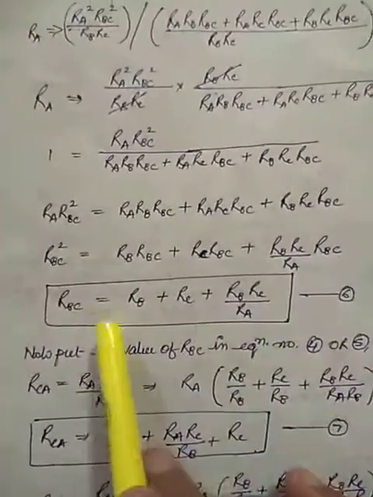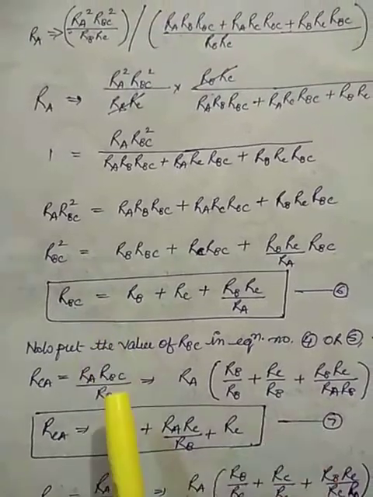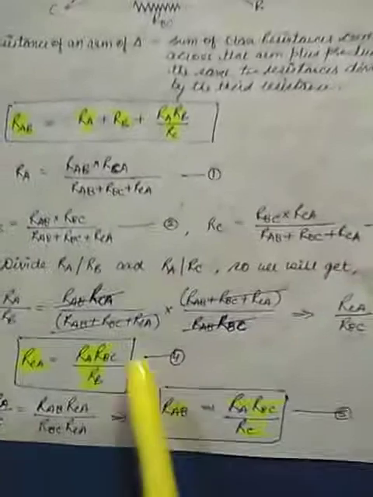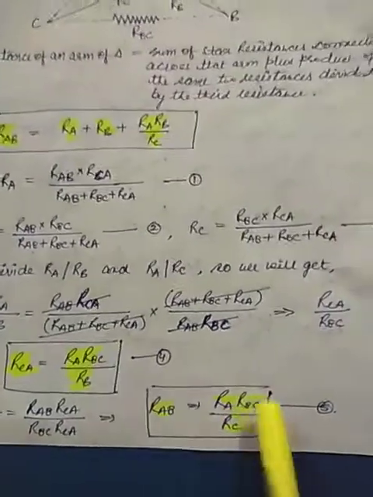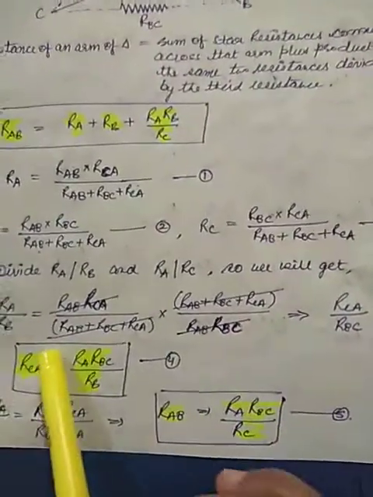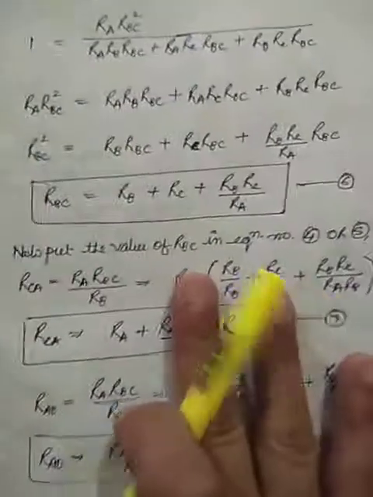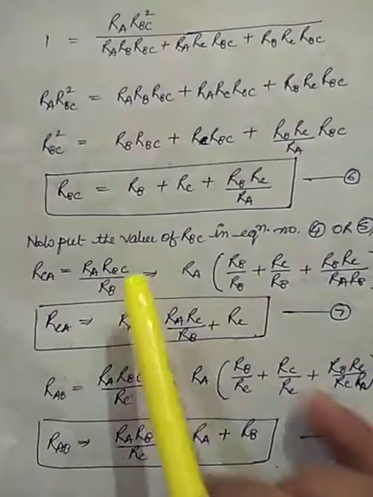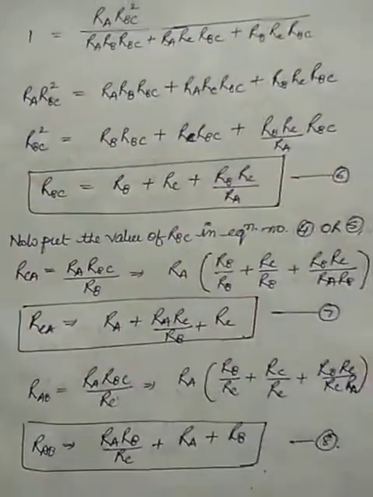Now put the value of RBC in equations number 4 and 5. Directly putting the value of RBC in these equations, we will get the values of RCA and RAB. How? Here we can see the formula we have already found.